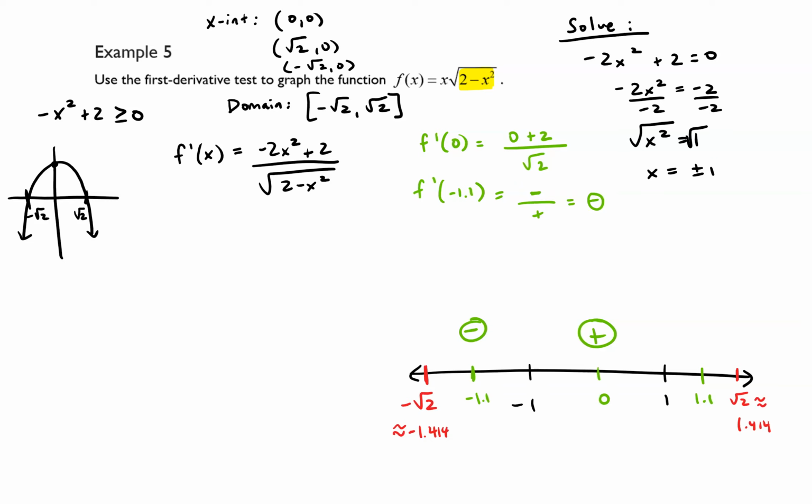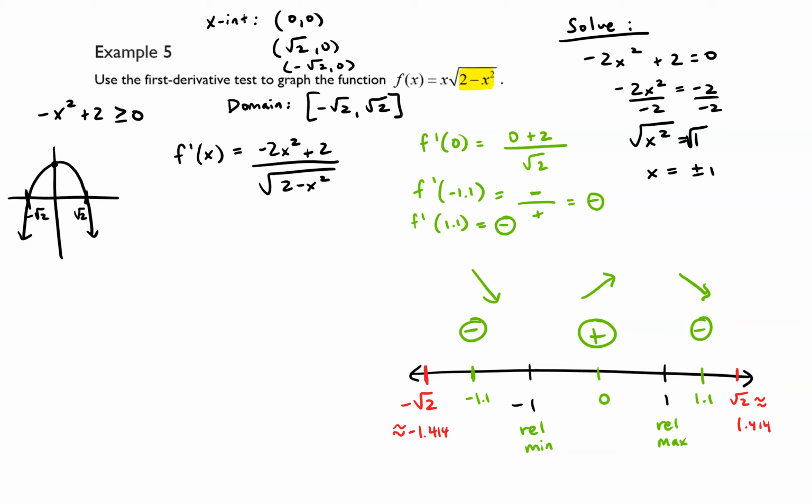So this here is going to be negative, and then f prime of +1.1 is going to give us the same thing. It's going to be negative, so I'm going to put a negative here. So that means that it's decreasing, then increasing, then decreasing again. So -1 is a relative minimum, and +1, there is a relative maximum there.